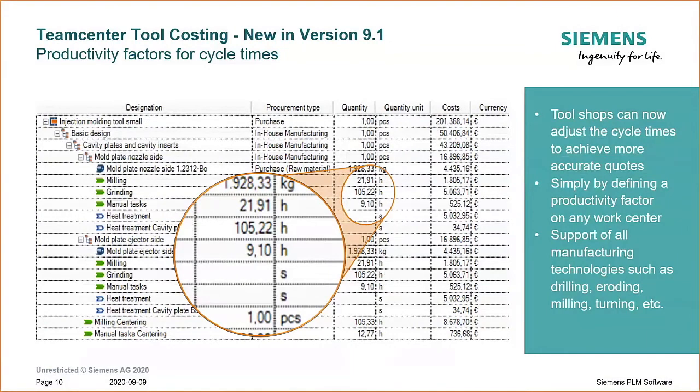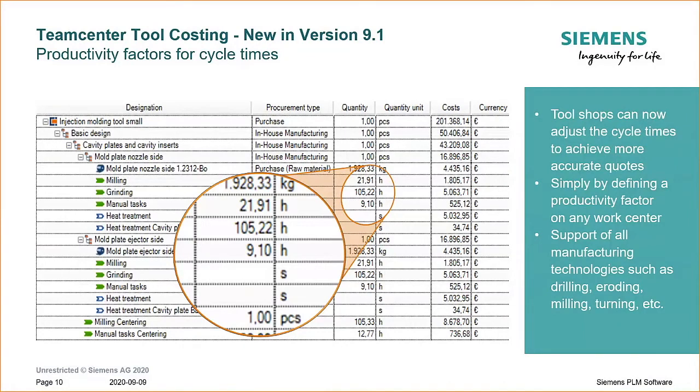Now I want to show you something about productivity factors for cycle times. In this slide, I want to tell you something about that. Tool makers, tool manufacturers need to replicate an accurate digital twin of the tool shop to calculate realistic quotations.